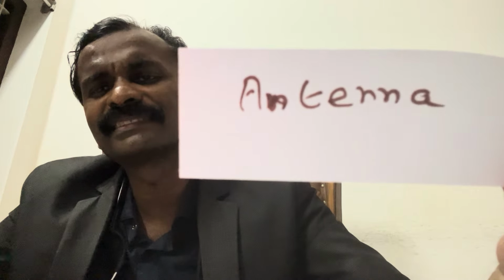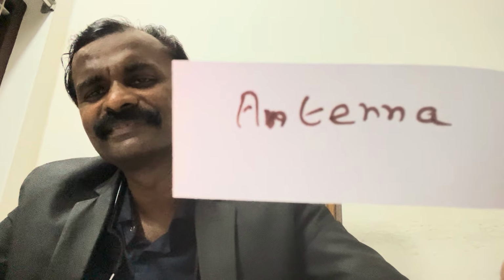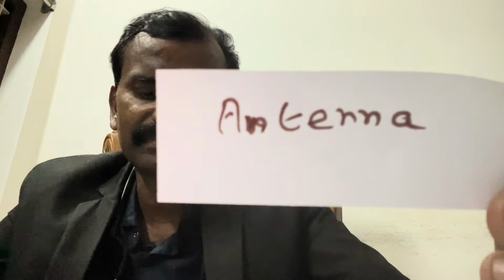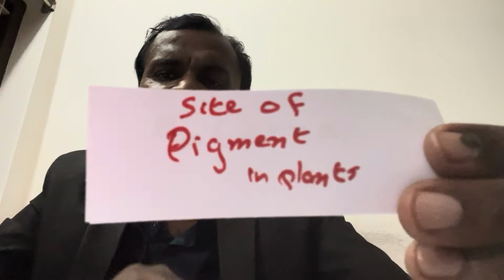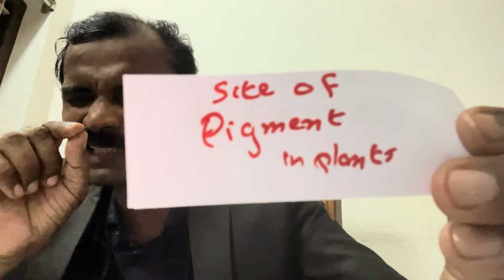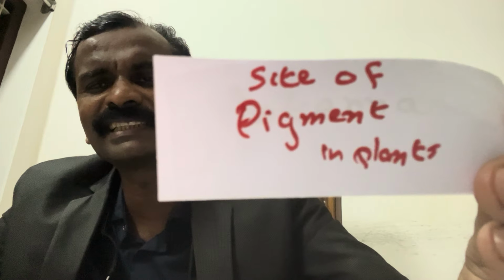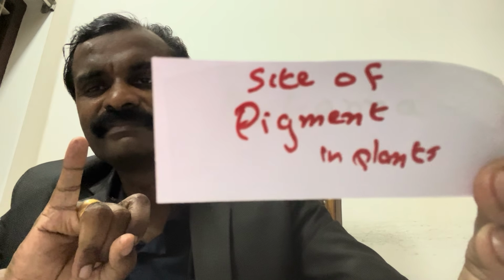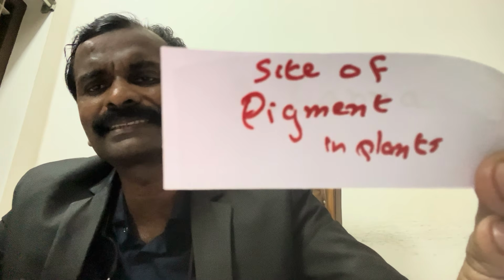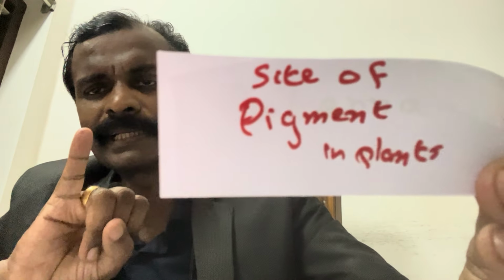You will get confused. That is the power of recall technique. Recall. Don't forget the question for antenna. Exact site of pigment in plants is antenna. They'll keep stoma, mesophyll, chloroplast, chromoplast. Antenna is the correct answer.